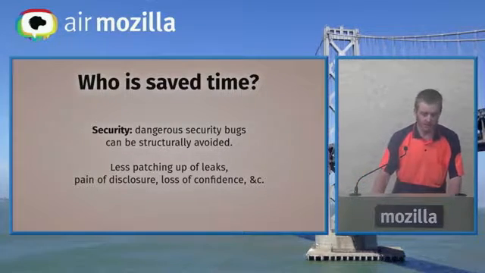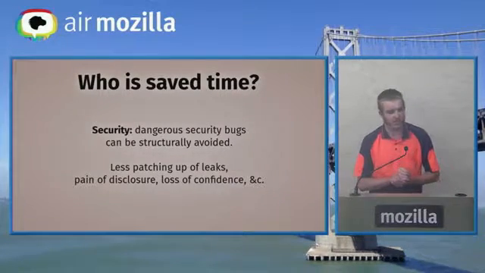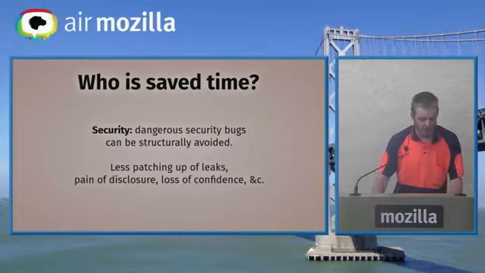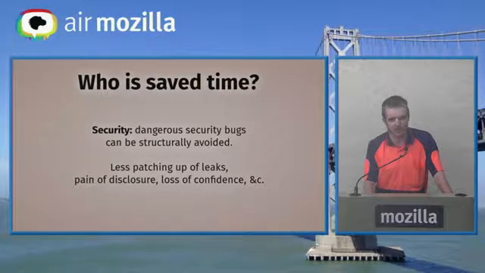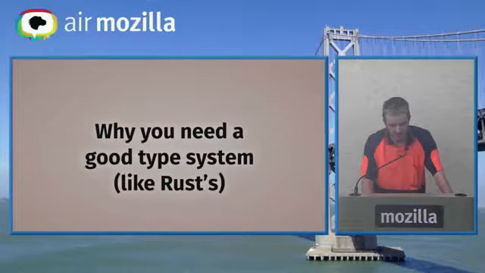And also, a lot due to the type system there, the security is improved because there are various classes of problems that simply can't be represented in the type system. And so you end up having to spend less time dealing with security vulnerabilities, telling people about it, loss of reputation, all of these sorts of problems.